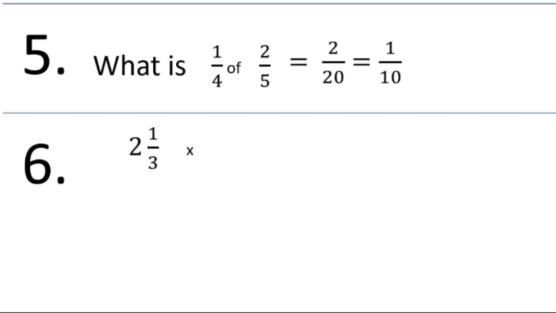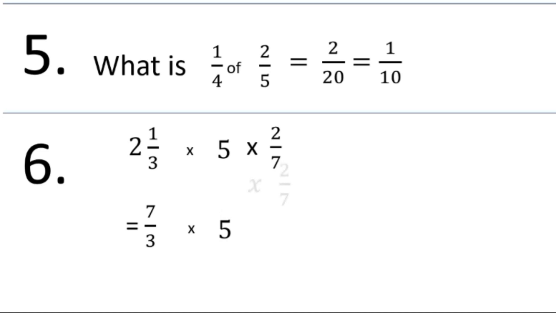Next, 2 and 1/3 times 5 times 2 over 7. Again, to simplify with mixed fractions, change it first into improper fraction. So 2 and 1/3 is equal to 7 over 3. And then understood na yung ating 5 ay may denominator of 1. And then times 2 over 7.